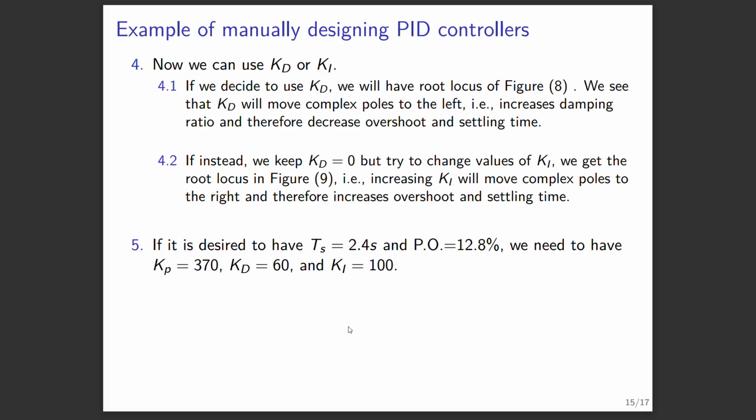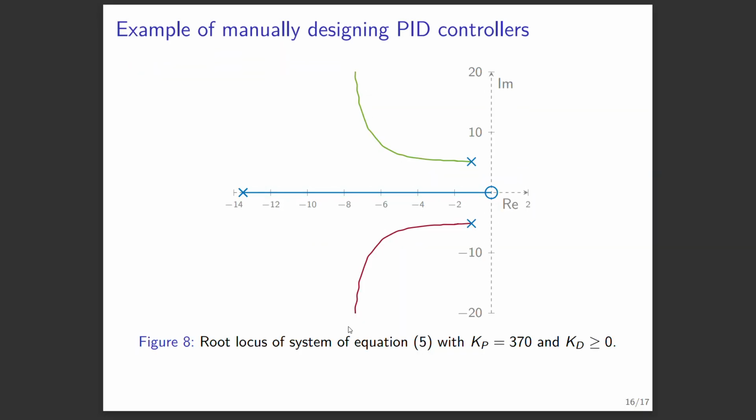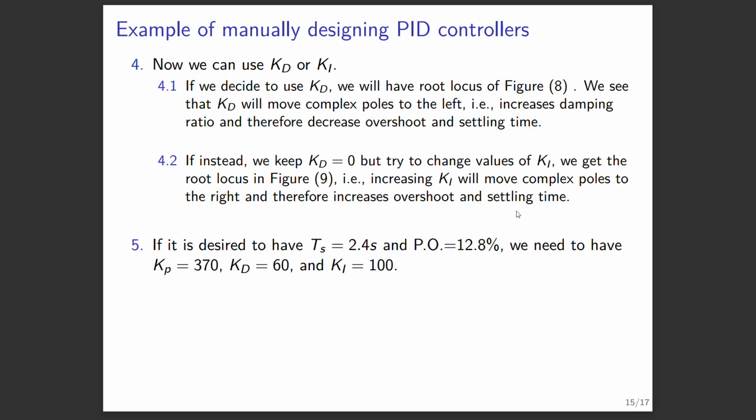If we decide to use Kd, we will have the root locus of figure 8. So let's look at figure 8. This is figure 8. If we use Kd, we are going to have this behavior. Therefore, we see that Kd will move complex poles to the left, right?